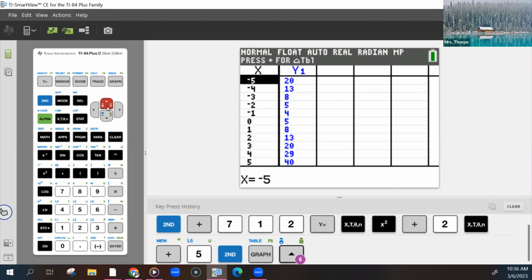Where is the middle of all those? Where do your y values repeat? Where's the middle of all those?